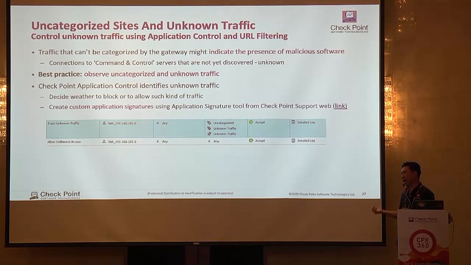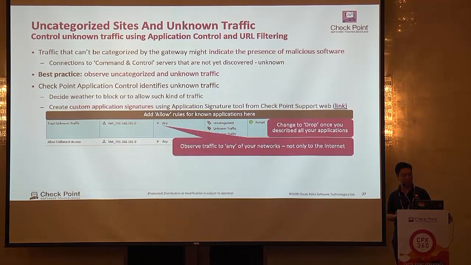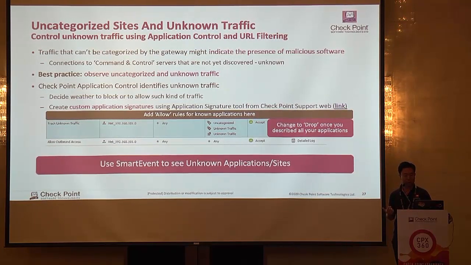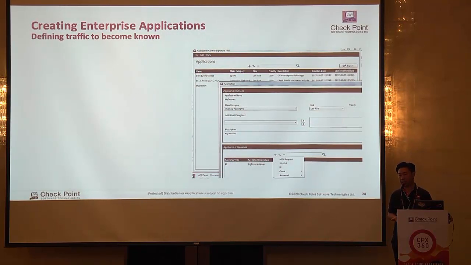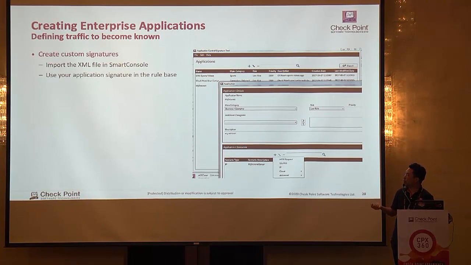After that, we can start using our application creation tools to create an application signature. Once the signature is created, you can import it to our gateway, and then you can identify the application which was unknown before.